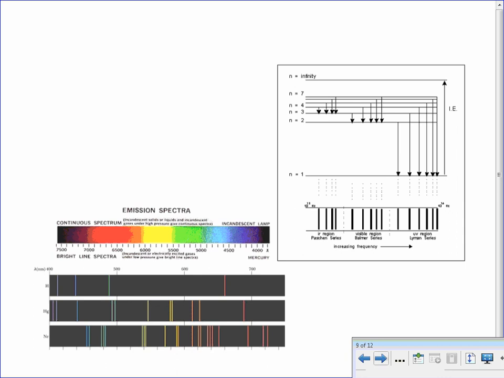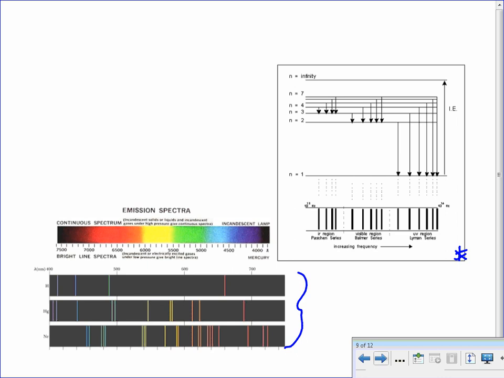If you remember Bohr's model, these are some bright line spectrums down here. This is a continuous spectrum. Remember that Bohr said that anywhere we see a wavelength of light, that represents an electron transitioning from one energy level to another. And you can see from this diagram that the amount of energy it takes for an electron to transition changes as the electron moves farther away from its nucleus. The amount of energy needed to take an electron away from energy level 1, that's a lot of energy.